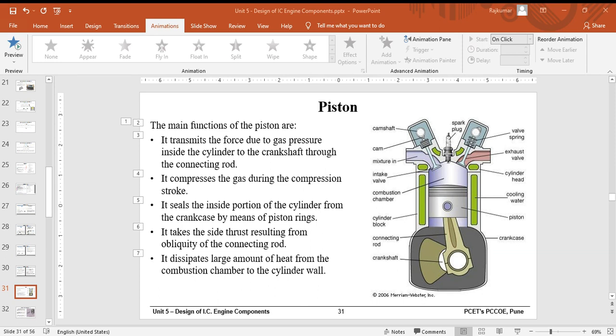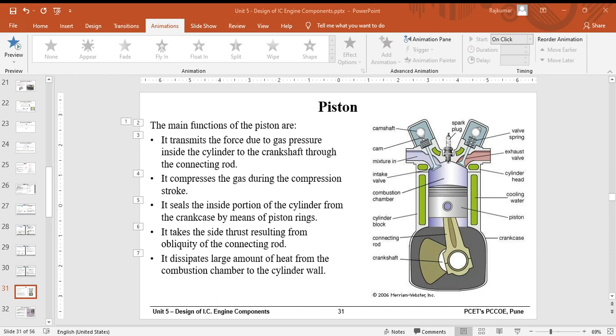Again, it plays an important role in the suction, compression, expansion, and exhaust strokes. Again, you can see on the piston there are small grooves on the top of the piston, and they play an important role.